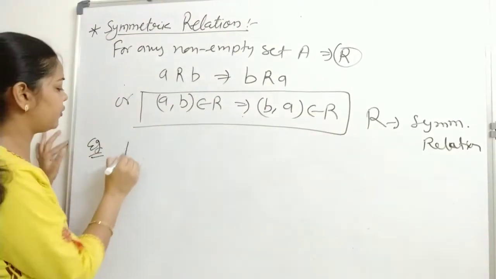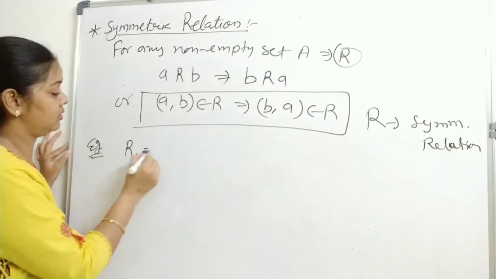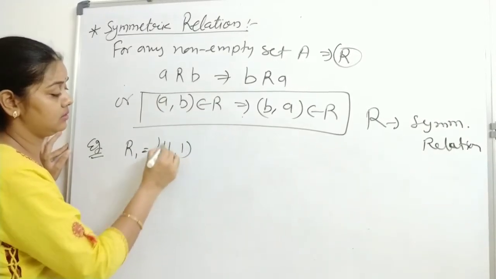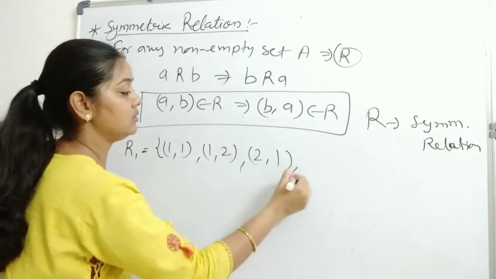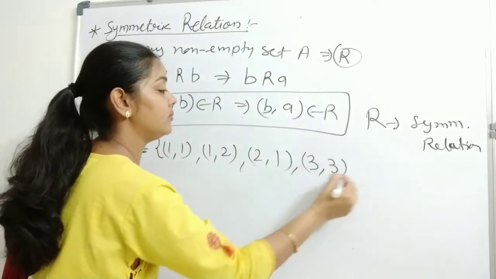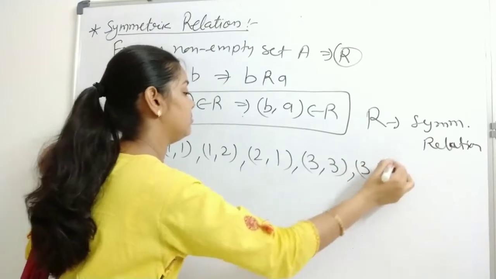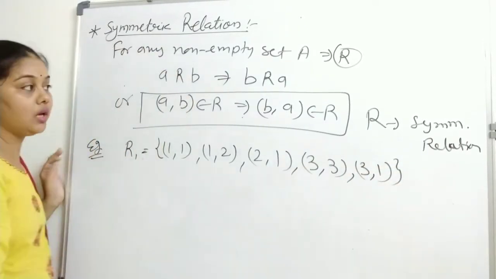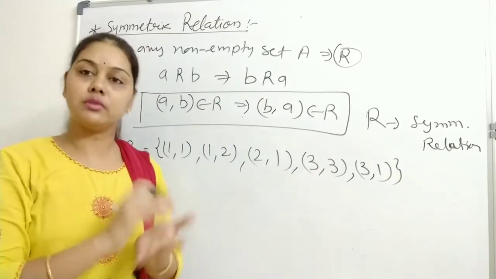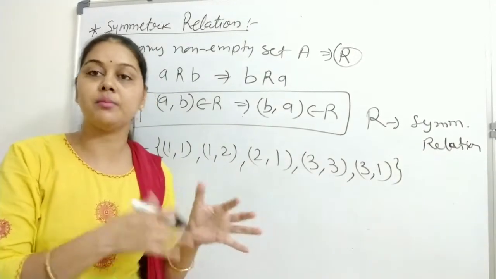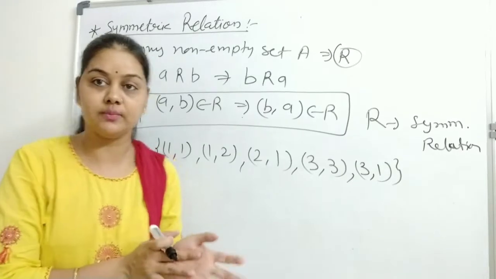For example, I am taking R1: (1,1), (1,2), (2,1), (3,3). Also remember that it is not necessary for a symmetric relation that all the elements must have some relation. It is not necessary in this condition.